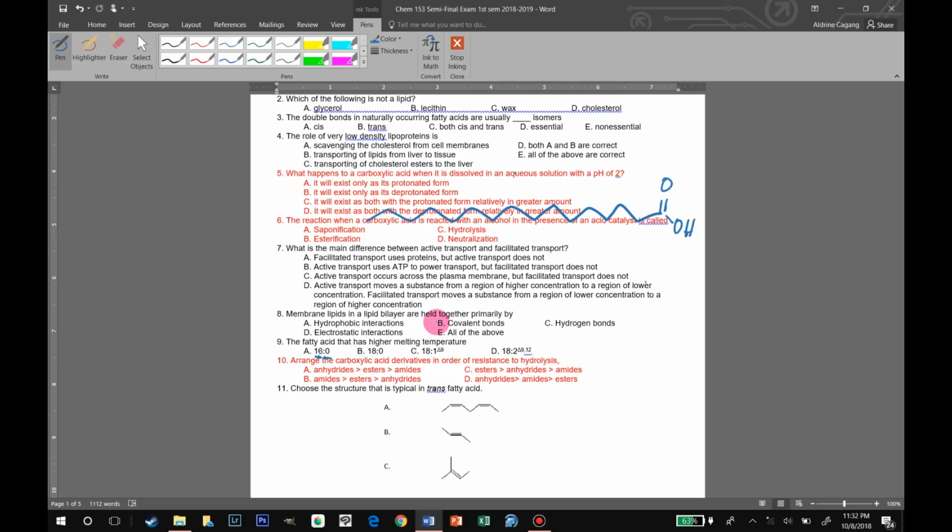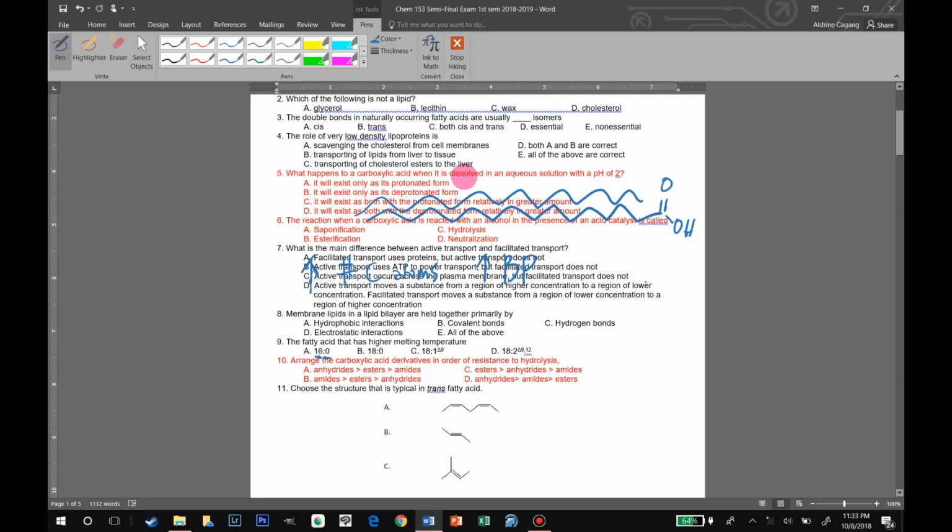So for the properties of your lipids, you have here the trend that your fatty acid is going to have a higher melting temperature if you have a higher number of carbon atoms, or a longer chain. That's going to result in a higher boiling point, because you're going to maximize the interaction between chains.